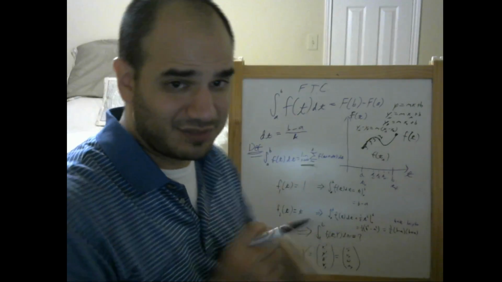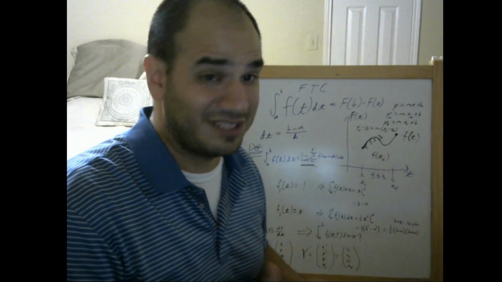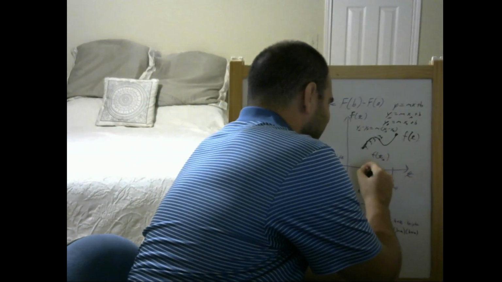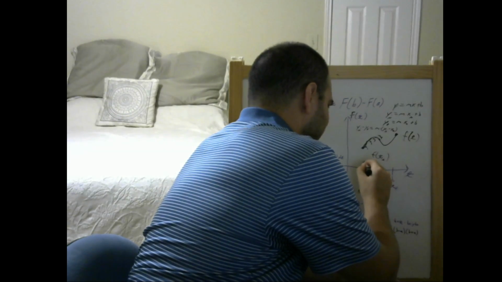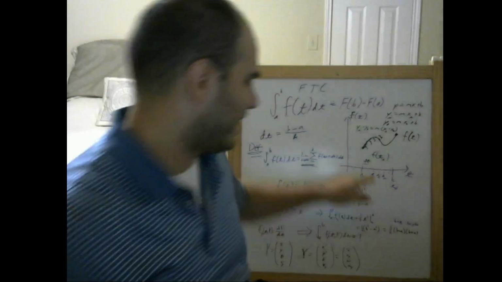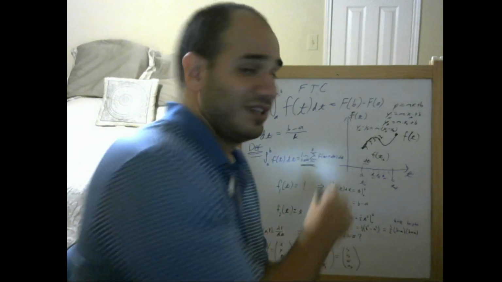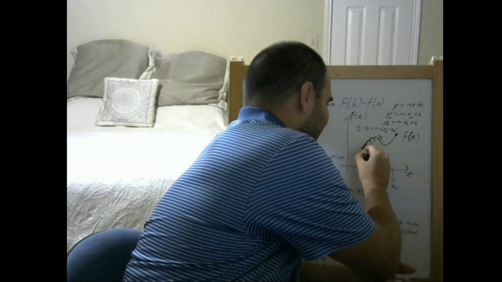And so if you're going to use the Riemann sums, then you're using rectangles. So you have a width, right, or a base if you prefer, and you have a height here.